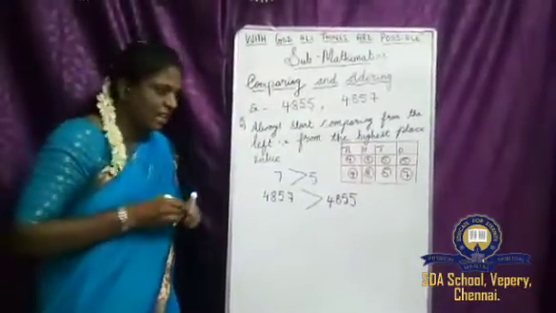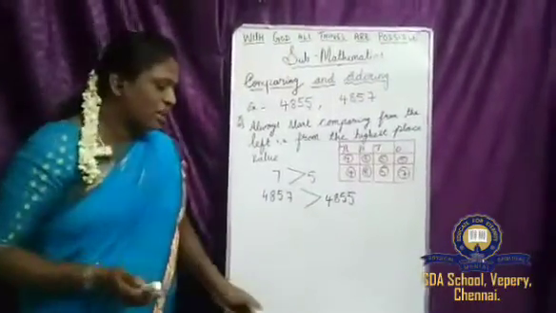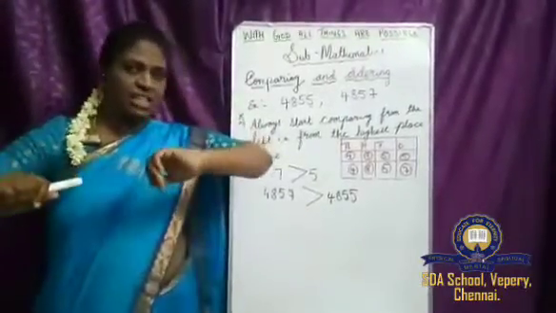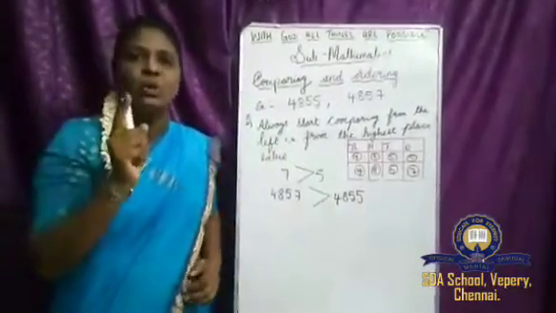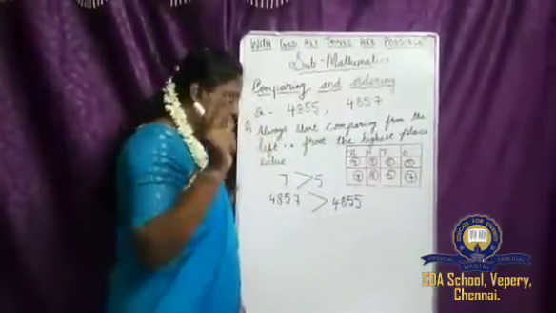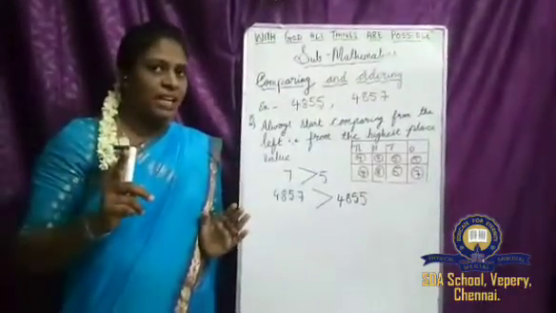Children, did you understand how you got this? How to compare? Yes. So children, remember, the signs greater than and less than are always used to compare numbers. Shall I repeat again?